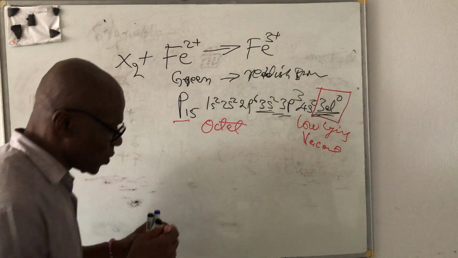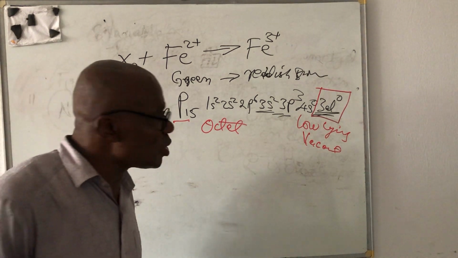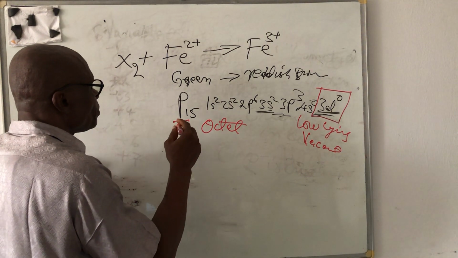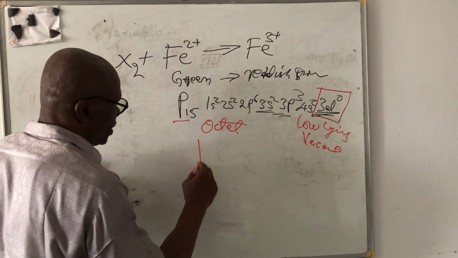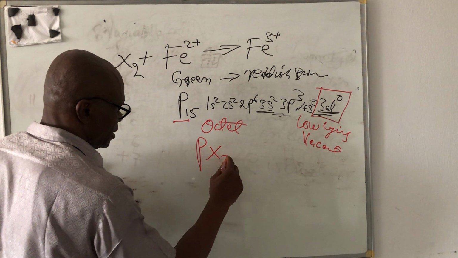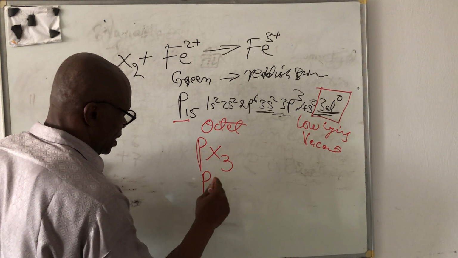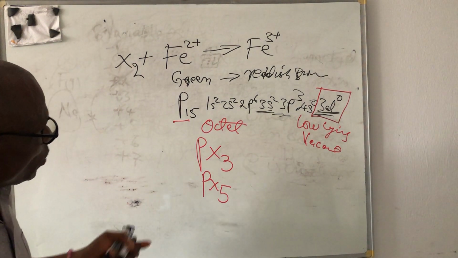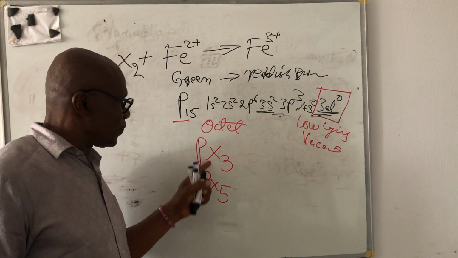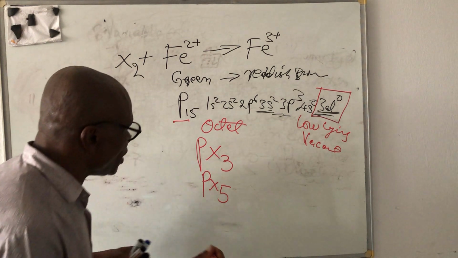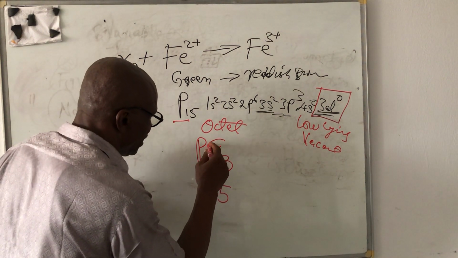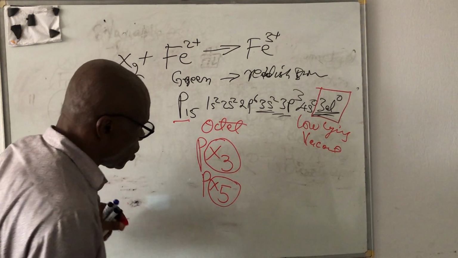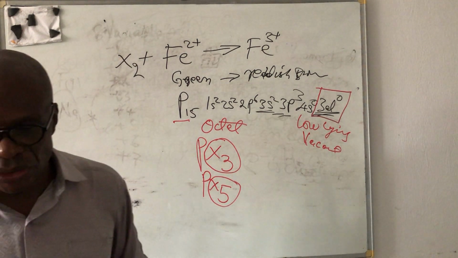And because phosphorus can undergo octet expansion, it is possible you have PX3 and PX5. Which of these will form will depend on the electronegativity of the halogen.